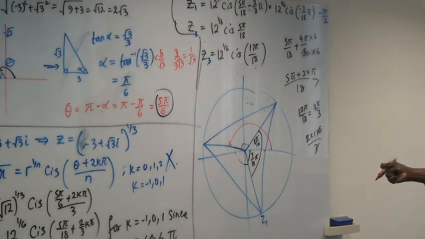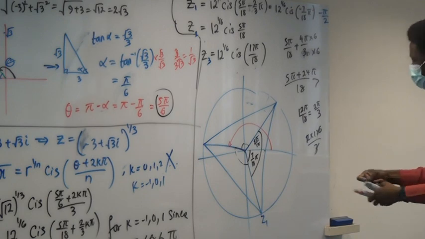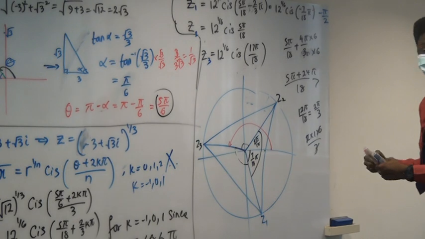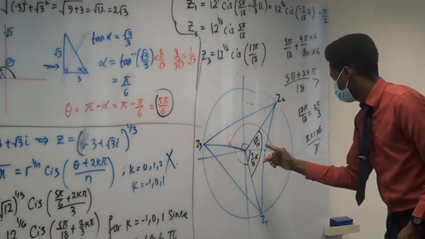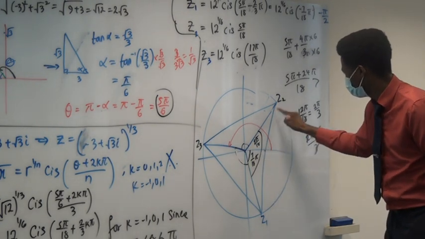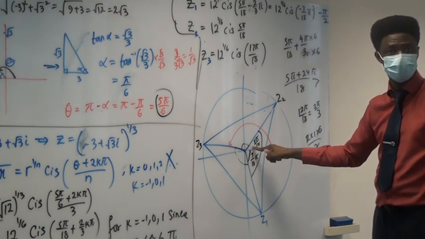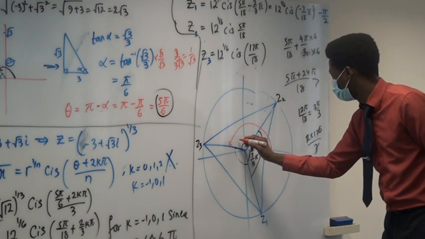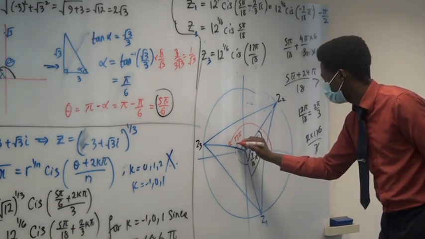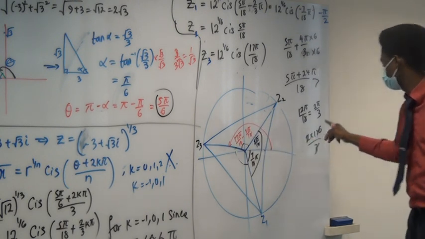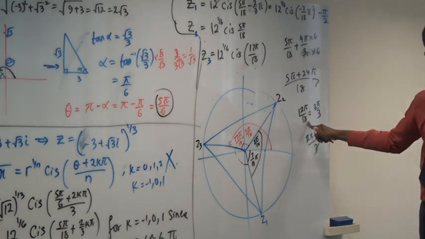This is my Z3, this is my Z2. That's 17, but we already cut out 5. So what will the remaining be? 17 pi over 18 minus 5 pi over 18, giving you back 12 pi over 18.